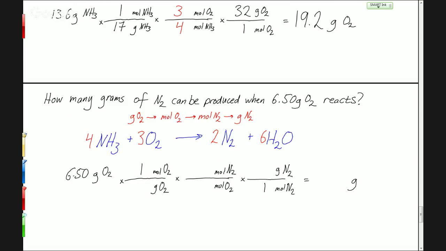You see it starts with oxygen, which is what's given, and we end up with nitrogen. So we calculate the new molar masses for oxygen and nitrogen. And the new molar ratio from the equation tells us 3 to 2.